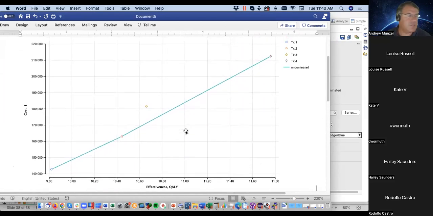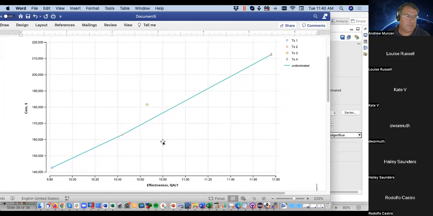What you don't necessarily want to be doing is taking screenshots, because the screenshots have limited resolution on the graphic. So it's better to use copy and paste to stick these graphs into documents.